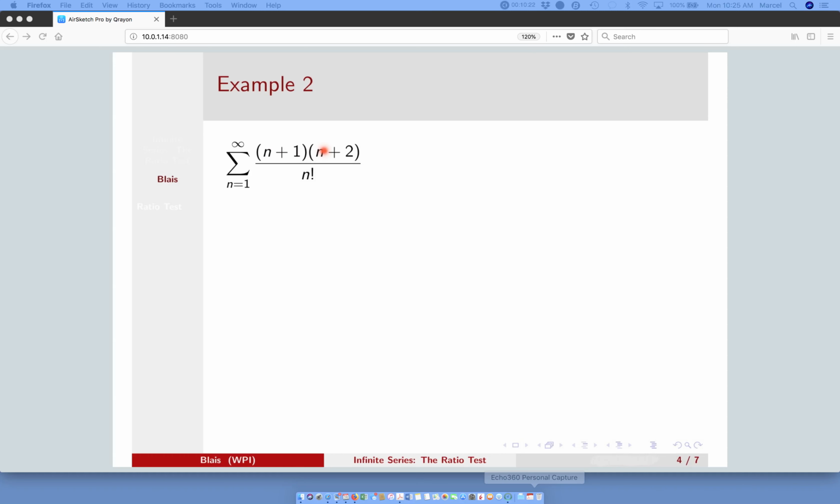Here we have a polynomial in the numerator and a factorial in the denominator. And it is going to be true that factorials really dust polynomials. We've had these races that we've done so far, where we had the slowest, logs, and then next were polynomials, and exponentials were the fastest.